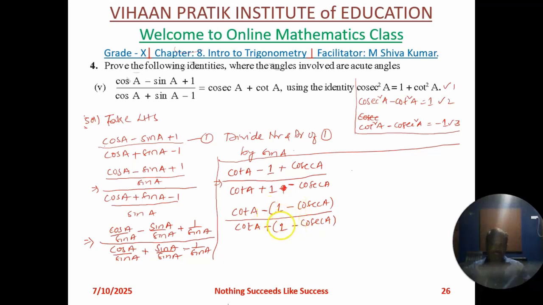We cannot directly cancel it, because in the numerator the sign is minus, but in the denominator the sign is plus.